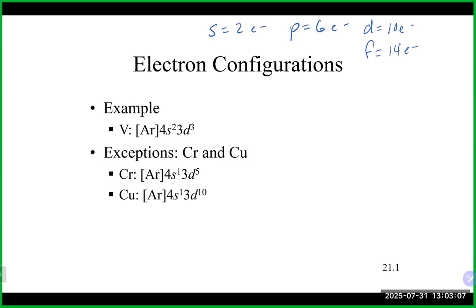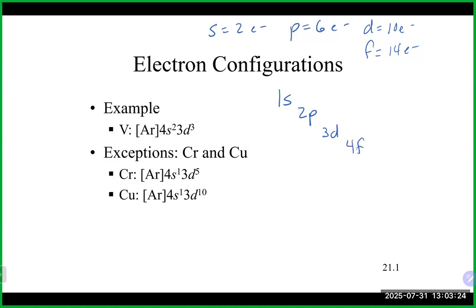If you know that and you remember where each of these orbitals start, like for example, the s's start on the first energy level, the p's show up on the second, the d's show up on the third, and the f's show up on the fourth.